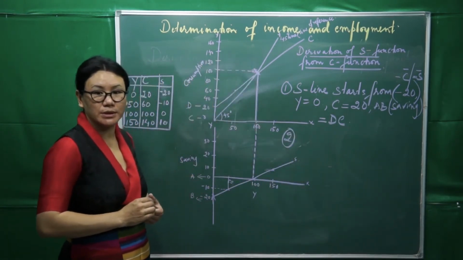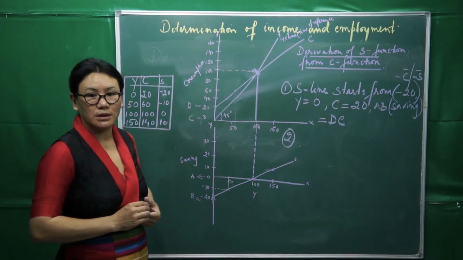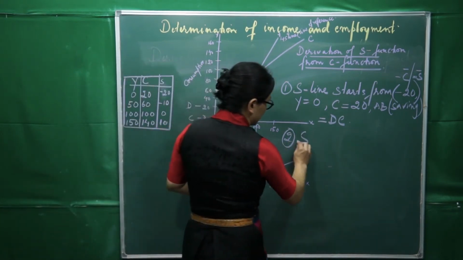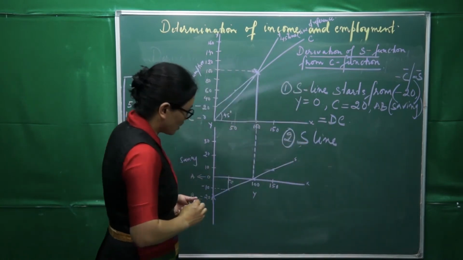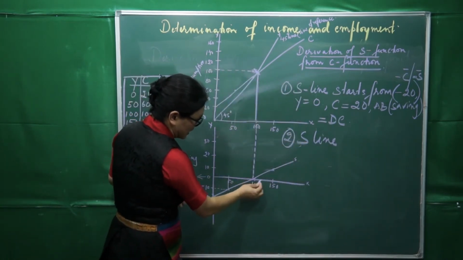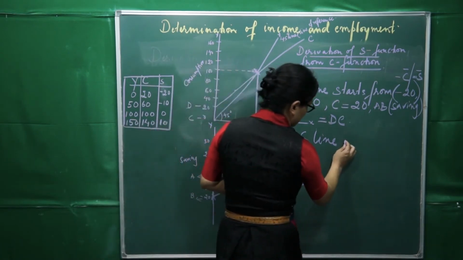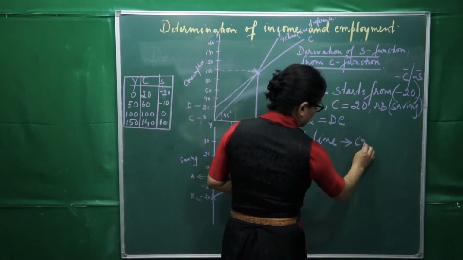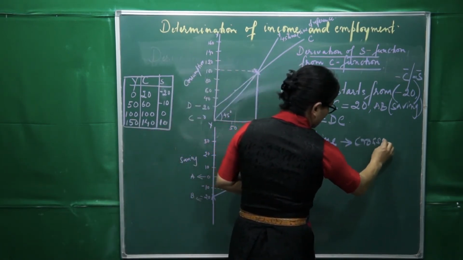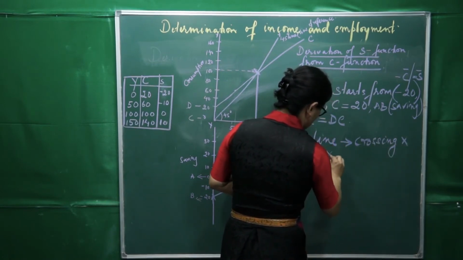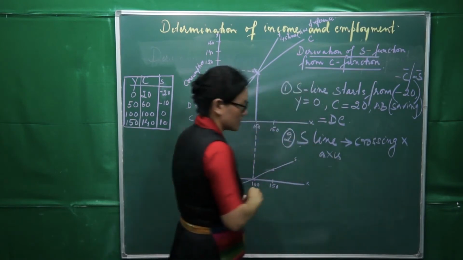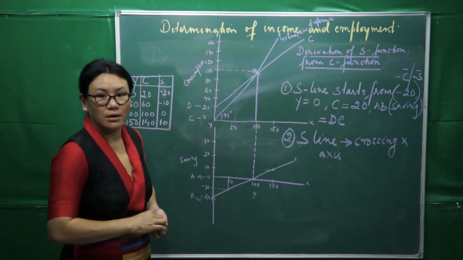Second one is the S line, the saving line, crossing the x-axis.